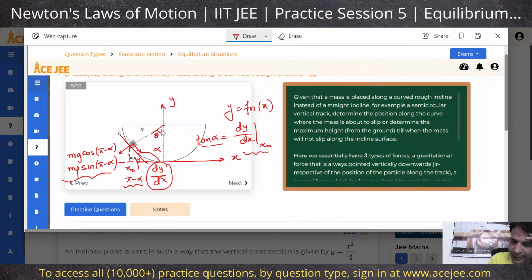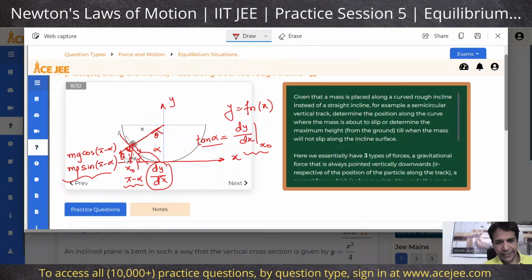If you know this theta, can you figure out your angles, Peter? Well, if it's a semicircle, then the tangent would be perpendicular to this radial line. Then again, it's fairly simple. Then this angle is theta, and you can again write your components of the forces. In that case, it will be mg cos theta, and again mg sine theta.